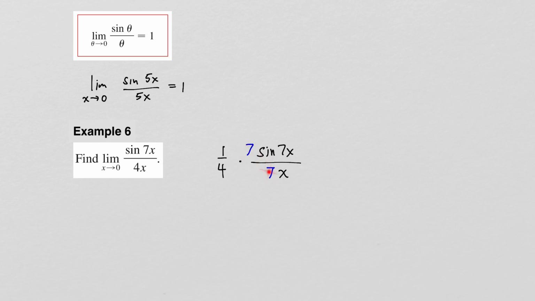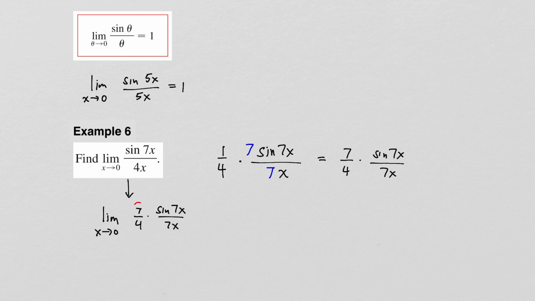Because these would cancel each other out. And then this 7 can be pulled out here with the 1/4, and this would become 7/4 times sine of 7x over 7x. And so this original limit can be rewritten as the limit as x goes to 0 of 7/4 times sine of 7x over 7x.